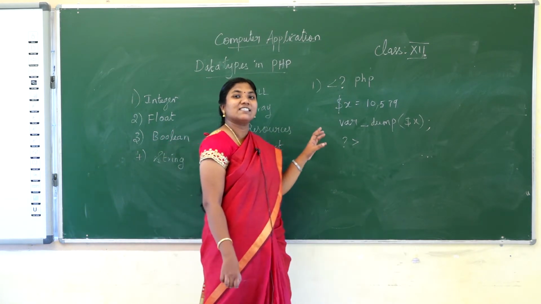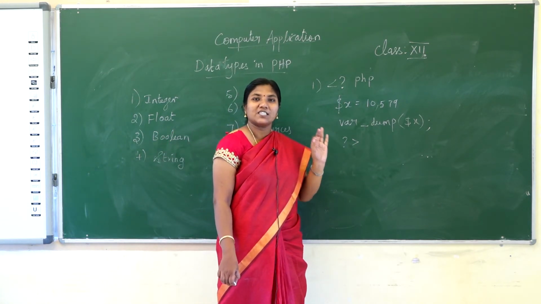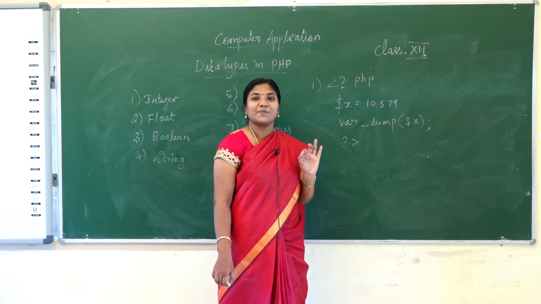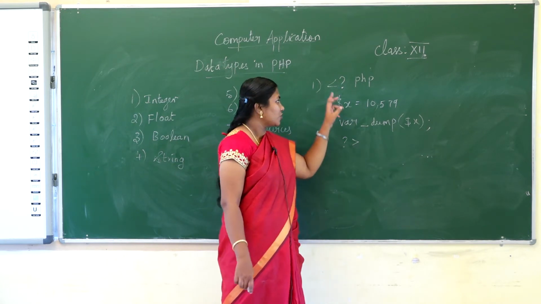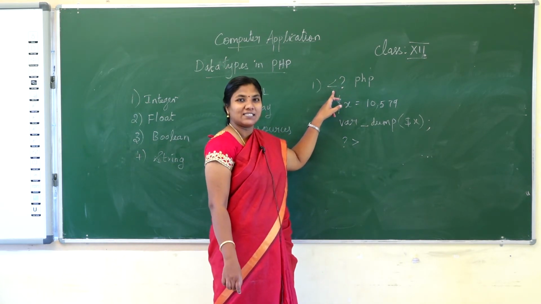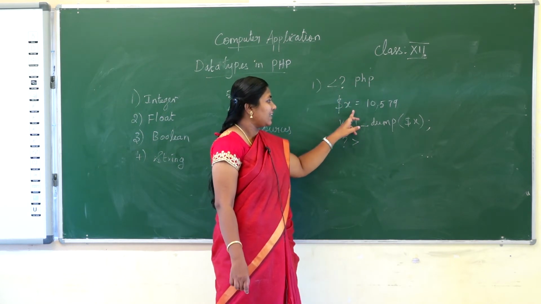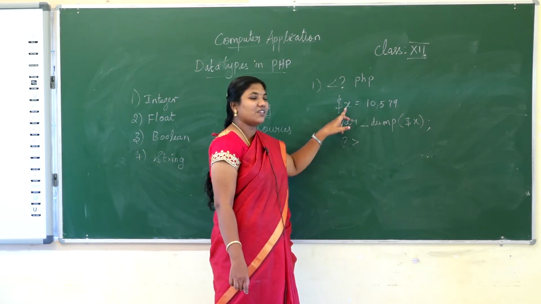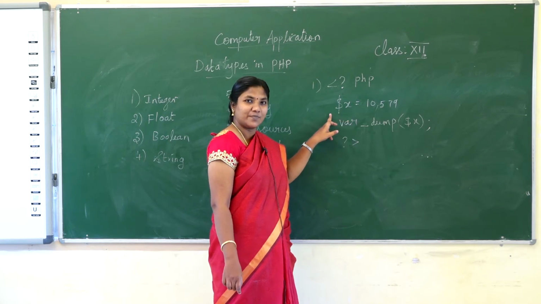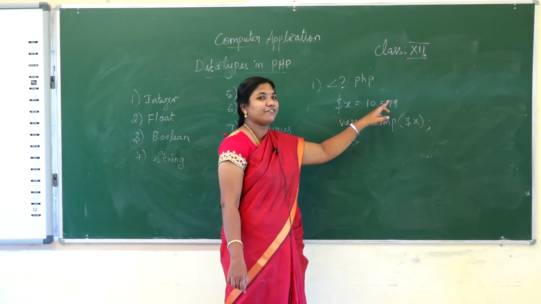So this is the simple coding in PHP just to print a number which has been given inside the program. First the PHP code must start with less than question mark php, and then I am giving a value in the variable. The variable must start with the dollar symbol, so $x is equal to 10,579.